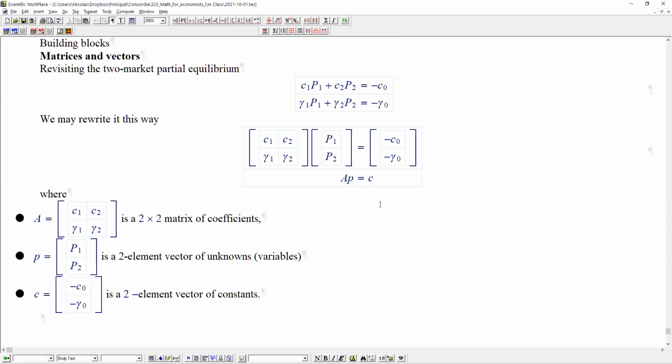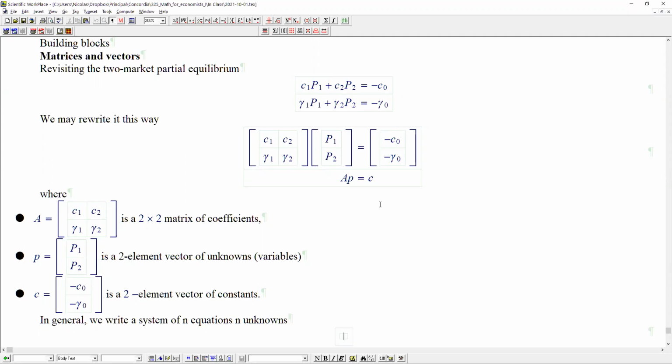So in general, we write a system of n equations and n unknowns this way.